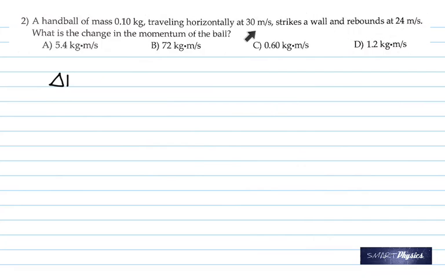So if you take 30 to be positive, this is going to be negative. Or if you take 24 to be positive, 30 is negative. The only thing is that both have to be in different directions. So if one is positive, the other is negative. And you're asked to find the change in momentum. The change in momentum is mass times the change in velocity.